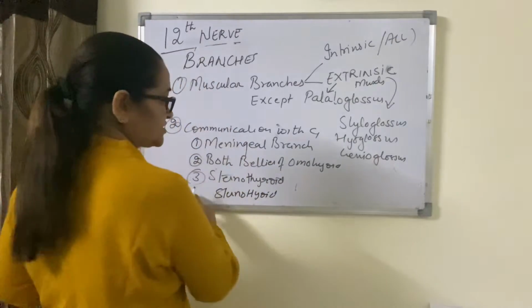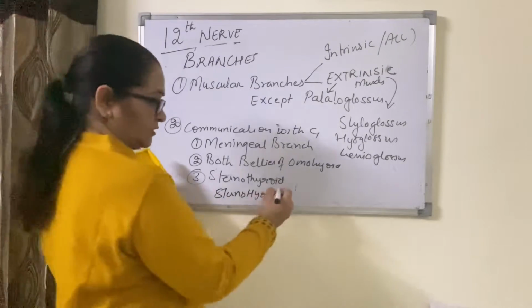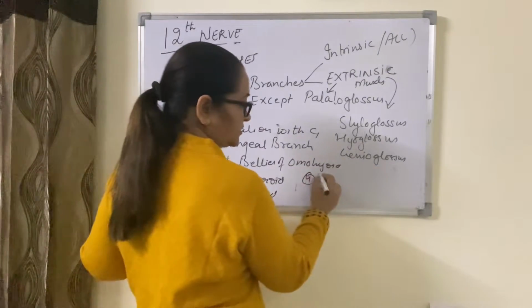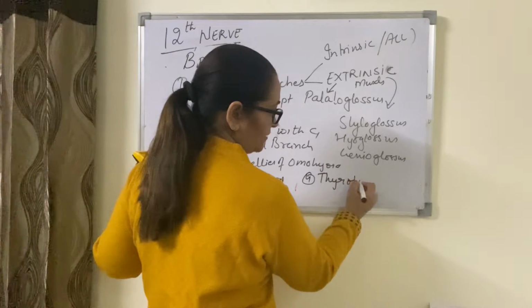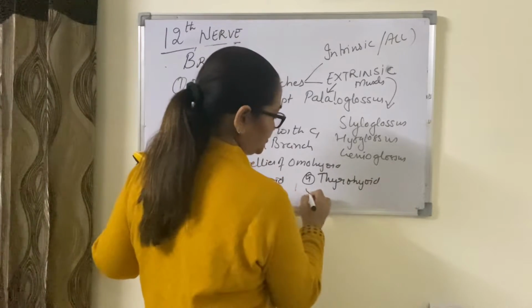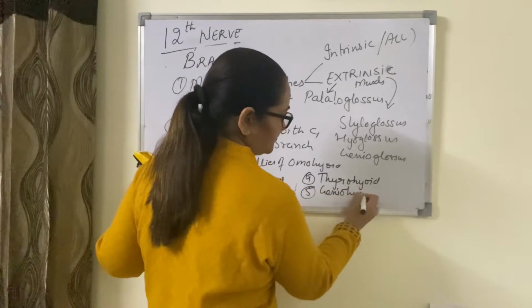So these are the branches given by the ansa cervicalis. There are another two branches, that is the thyrohyoid branch and the geniohyoid branch.